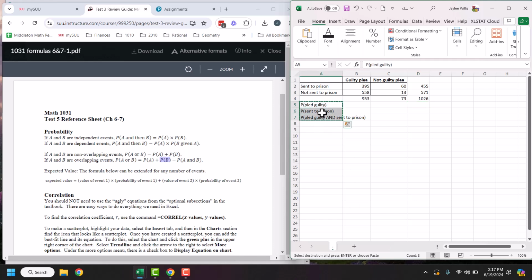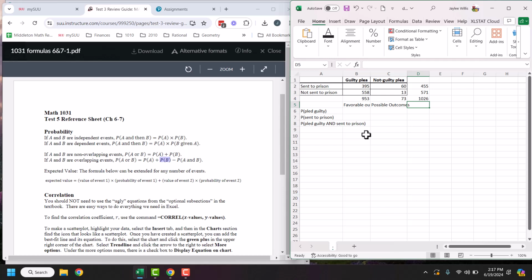So all probabilities are calculated as, well, unless you're using a formula to find them, you take the number of favorable outcomes and the number of possible outcomes and you divide them. So I'm going to separate these out just so you can see them, but you can also just type it in a formula if you want.